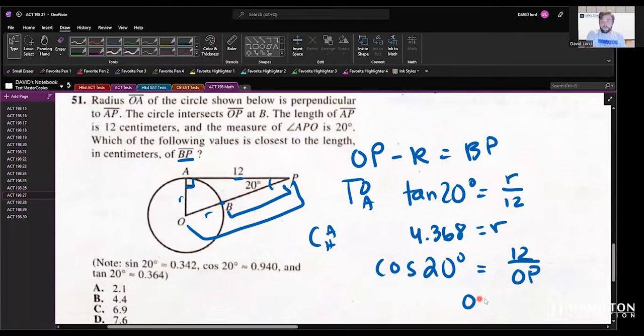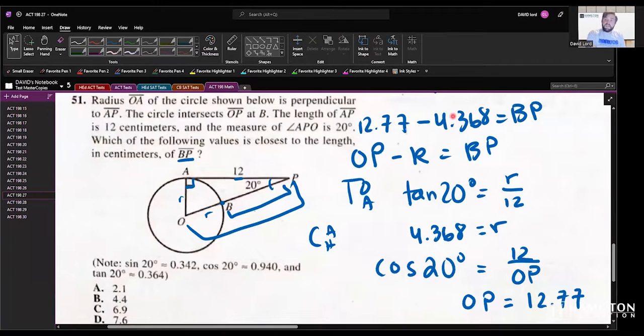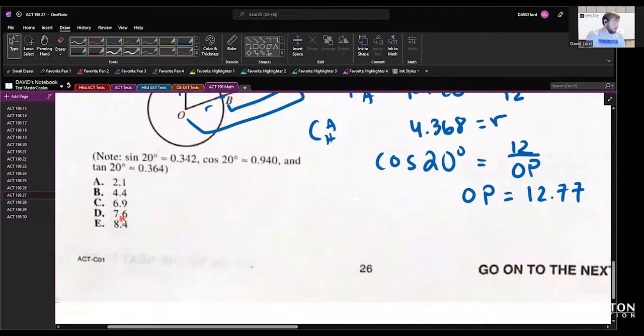Using my calculator, I get OP is equal to 12.77. Now it's just a simple thing of plugging it into our initial equation. 12.77 minus the radius of 4.368 is equal to BP. And I can see that's going to be equal to about 8, which is why the answer was E.